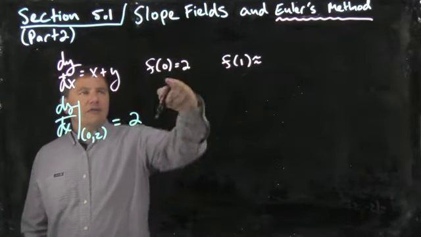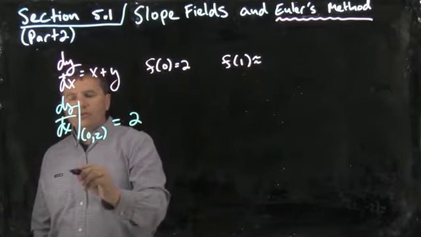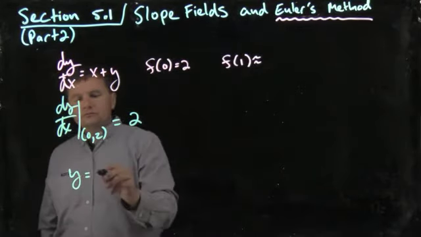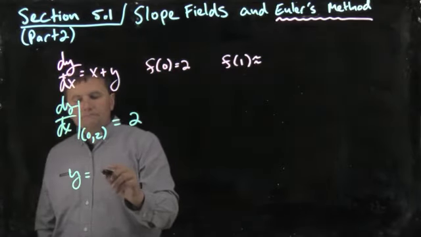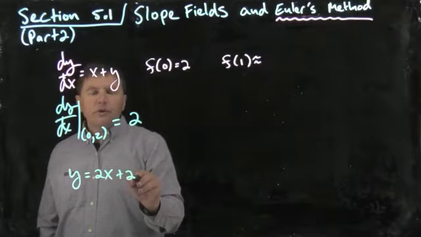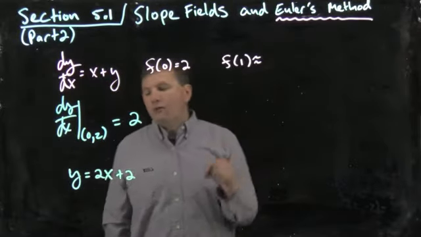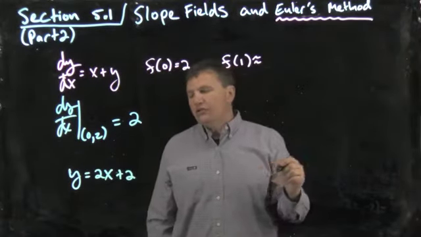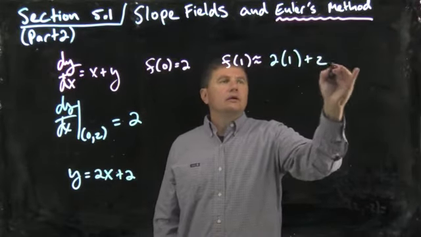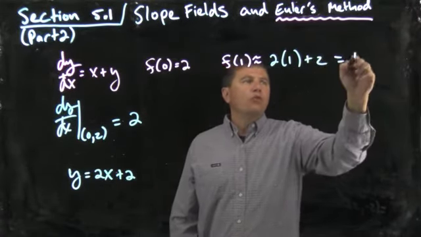So now I have a tangent line, so we can just do this in slope-intercept form, of y equals 2x plus 2. So I can approximate f of 1, and this is something we did do last year, by plugging 1 into that, which would give us 4.